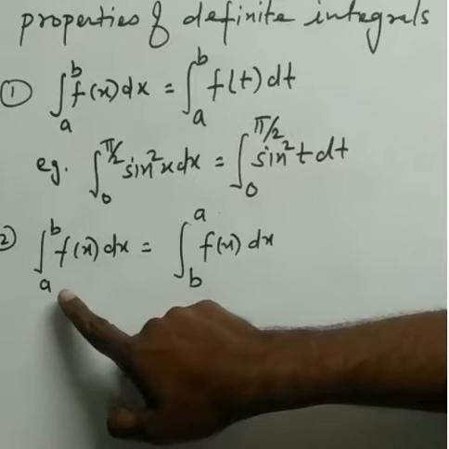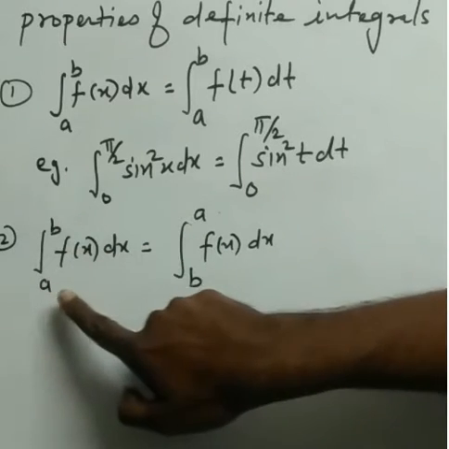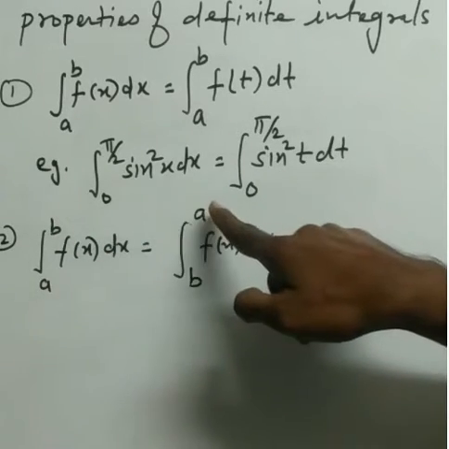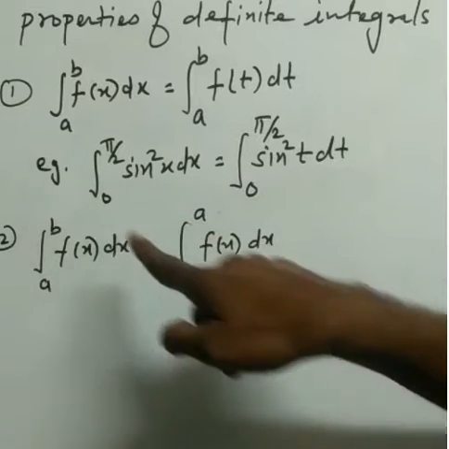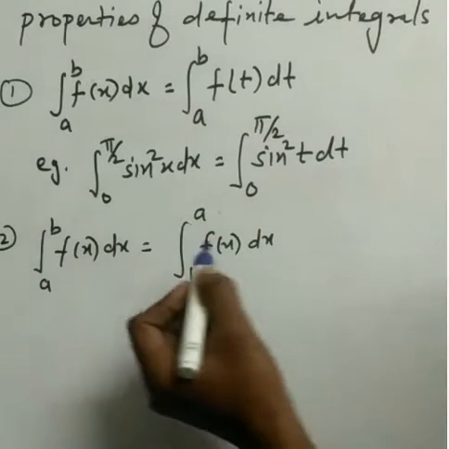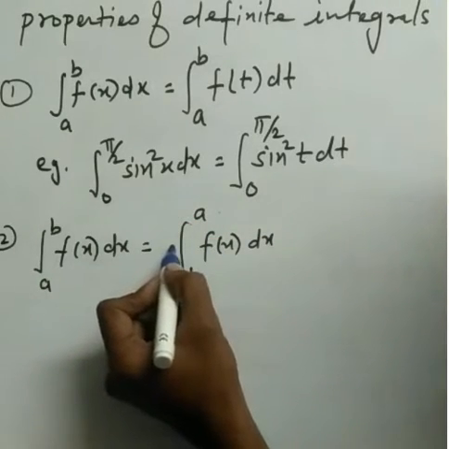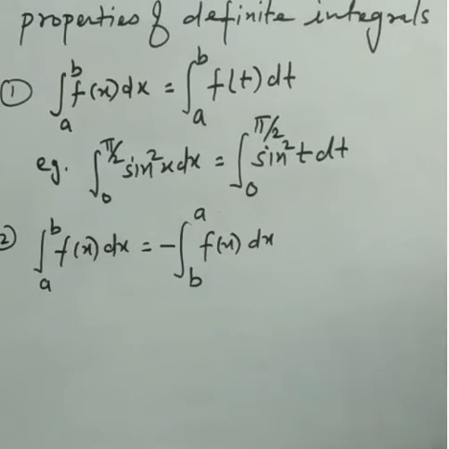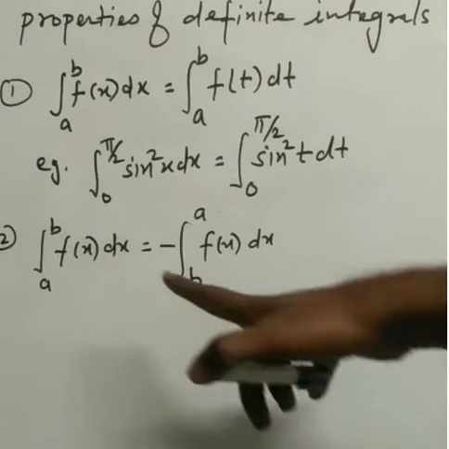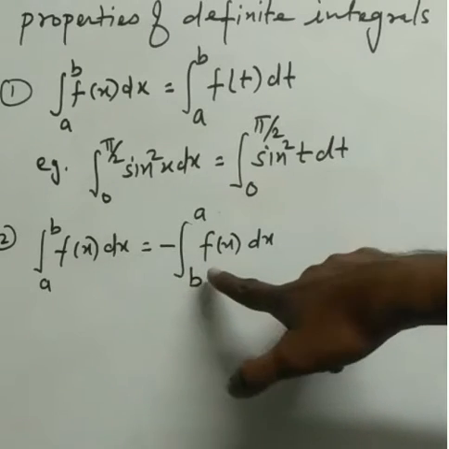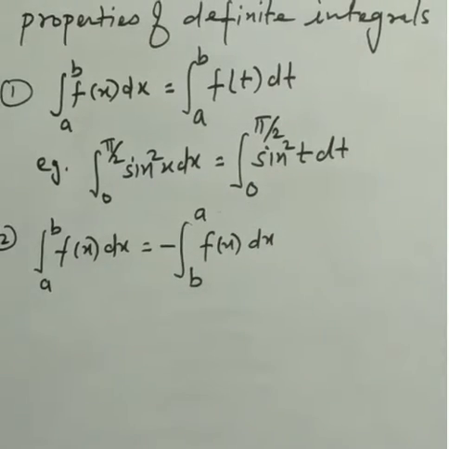If we interchange the limits of the integration, lower limit is converted into upper and upper is converted into lower, then the value will remain the same but its sign changes. So integration of a to b f(x) dx is always equal to minus integration of b to a f(x) dx. This is the second property of the definite integration.